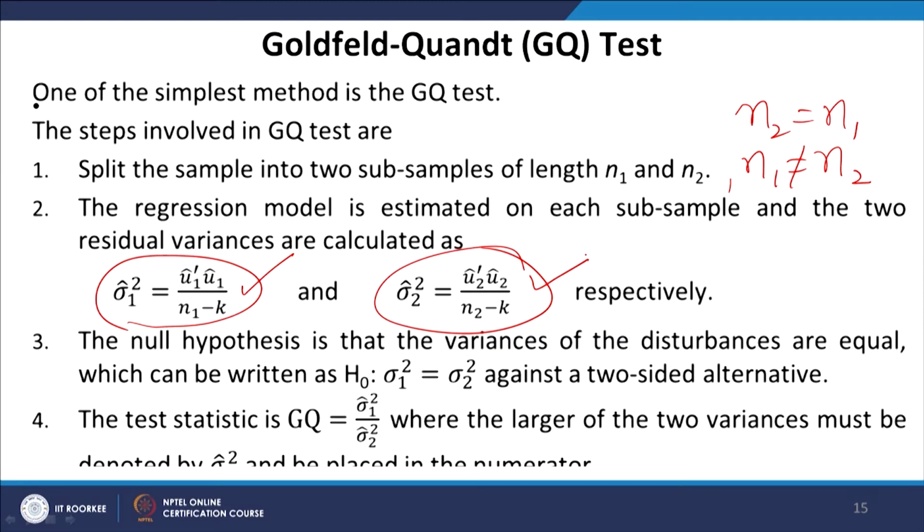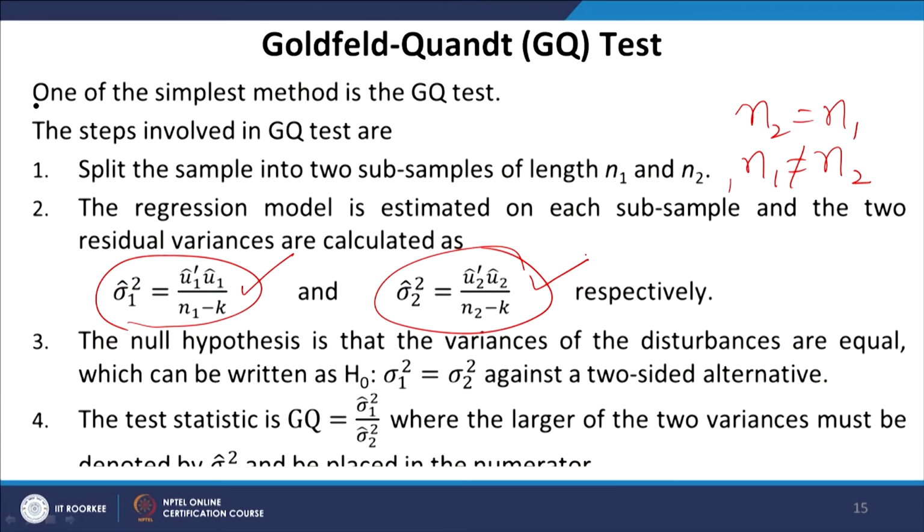The null hypothesis is that the variances of the disturbances are equal, which can be written as sigma 1 square equals sigma 2 square against a two-sided alternative. So, the null hypothesis actually talks about the two variances. If the two subsamples have the same variance, then it means there is no heteroscedasticity. The variances are same across all the observations.